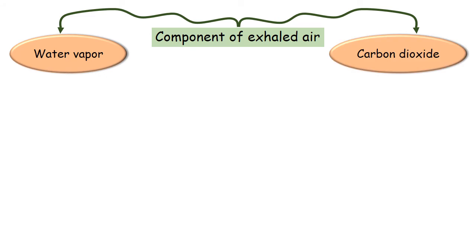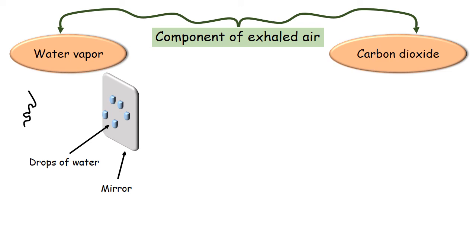Components of exhaled air. Exhaled air contains water vapor and carbon dioxide. We can test water vapor with a mirror. When we blow in front of a mirror, drops of water form. Why? Because our exhaled air contains water vapor.